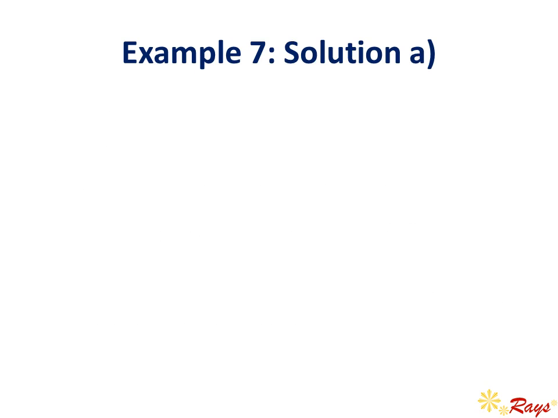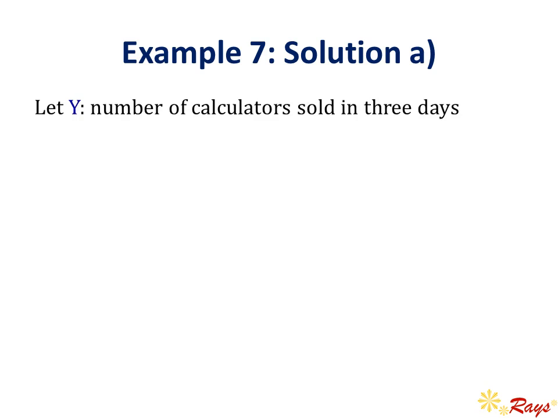The first part of question A is asking us to find the mean and standard deviation of Y. So let Y be the number of calculators sold in 3 days. We need to find lambda for 3 days. Remember that the lambda for 4 days is 9. So to find the lambda for 3 days, first we need to find the lambda for 1 day.